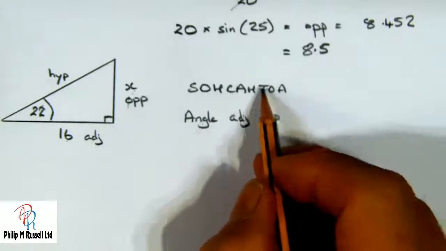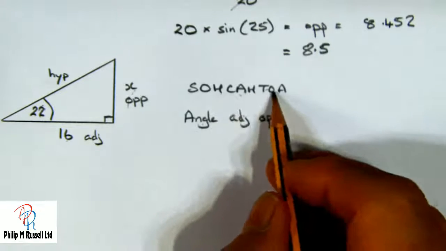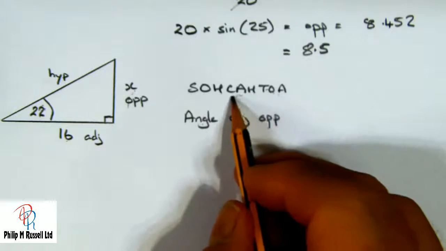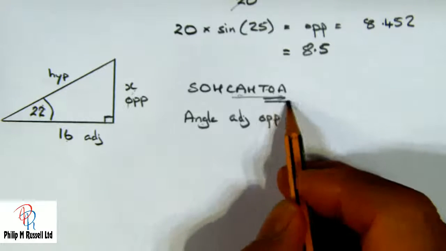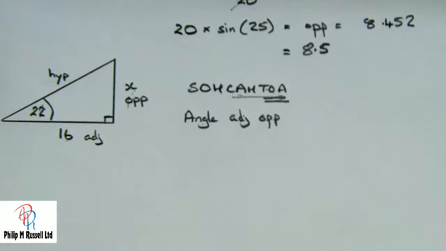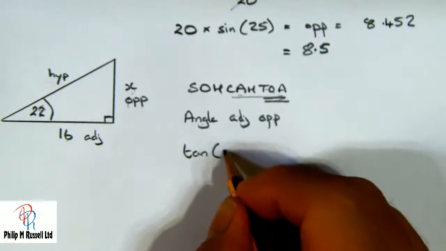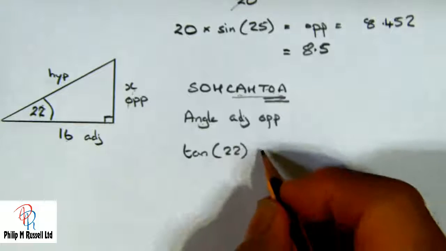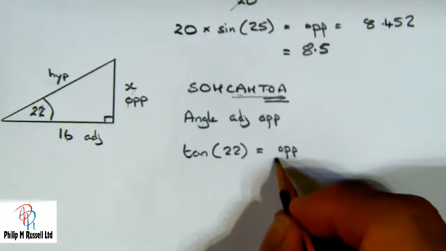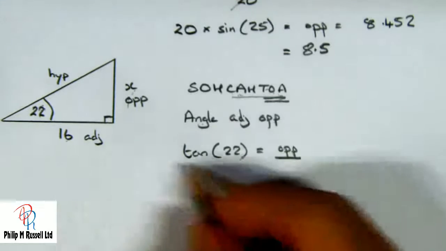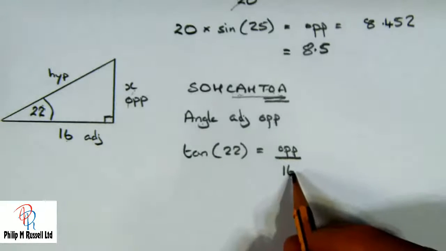Angle, that's sine, cos or tan. I've got an adjacent, that means it's got to be CAH or TOA, and I've got the opposite, so it means this time it's going to be a tangent. So the tan of 22 is going to equal the opposite over the adjacent, which is in this case 16.